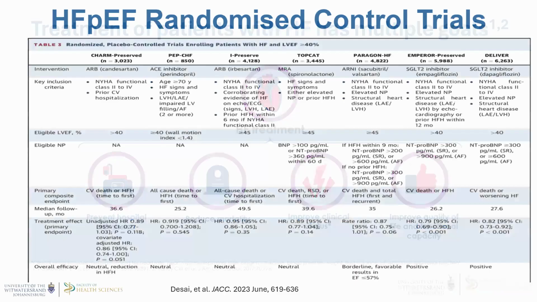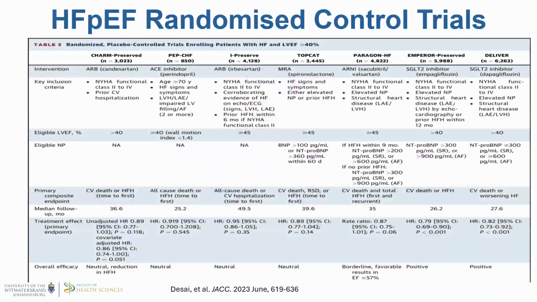So there are a couple of trials that have been done over the past 10 or 15 years in patients with HFpEF. Most of these early trials that were done 10 years ago were trying to essentially import medication that was efficacious for patients with HFrEF into patients with HFpEF. But most of these trials dismally failed.